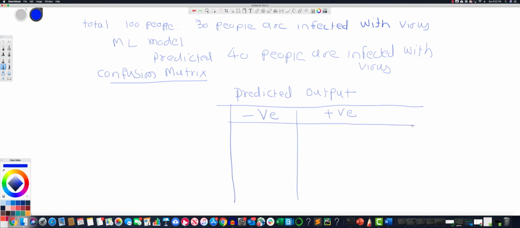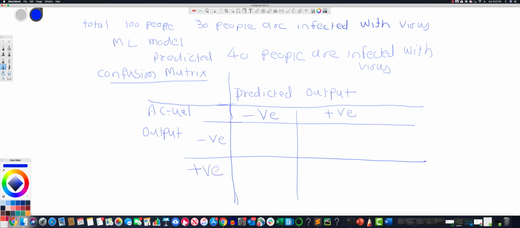Then we compare this with the actual output, where negative means the actual number of people who are not infected, and positive means the actual number of people who are infected.